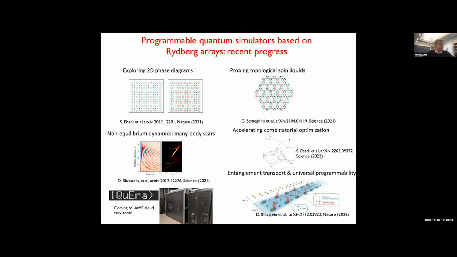Another important milestone was the first realization of a topological spin liquid. This is a state of matter which was proposed by Anderson nearly 50 years ago, and had not been created in a lab until now. This is what we were able to do.